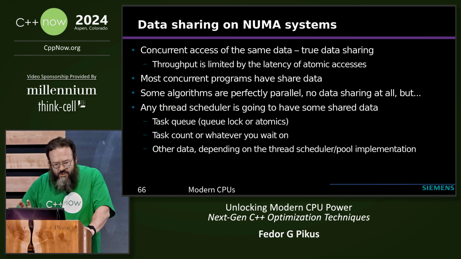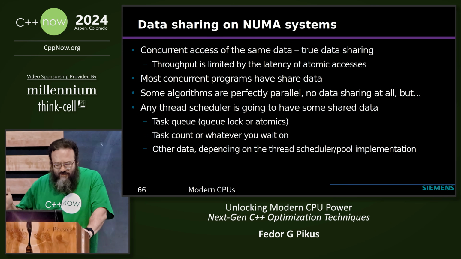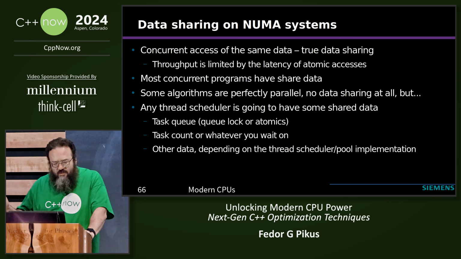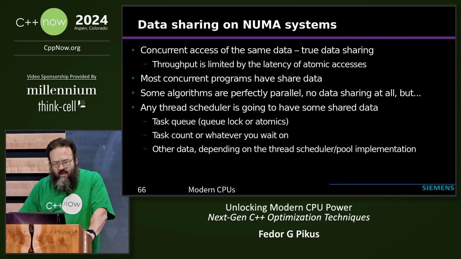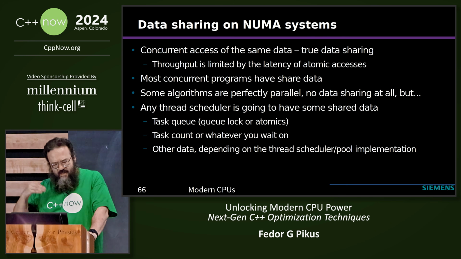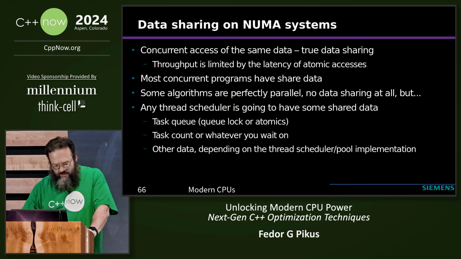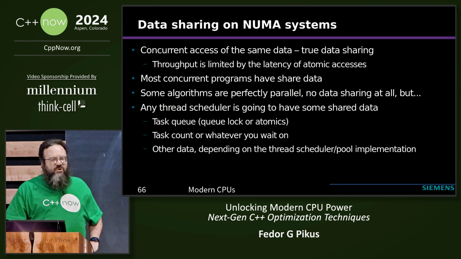Okay, so data sharing on NUMA systems. True data sharing, well, when it's needed, you have to do it. But avoid the new kind of false data sharing, which is accessing the same page from multiple NUMA nodes. Now, true data sharing is usually unavoidable.